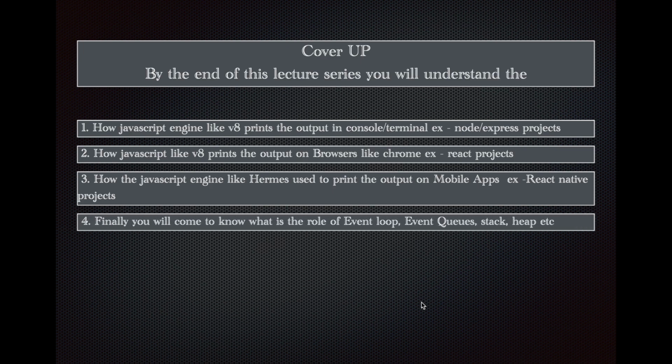So finally you will also get to know how event loops are used and why we need event loops and how they work, what the use cases of event queues, stacks and heaps, web APIs and native APIs are, all of this. If I say web APIs, native APIs, let me be clear here. Native APIs are the APIs generally in your mobiles.